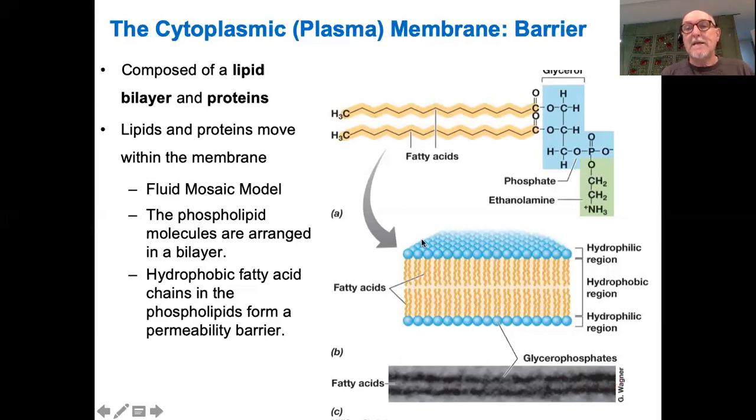This, by the way, is not a solid, it's a fluid. These molecules move, they move the whole time. It's actually a fluid, and this is called a fluid mosaic model. The fluid mosaic model is this bilayer with its embedded proteins.